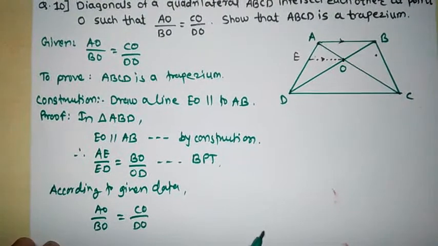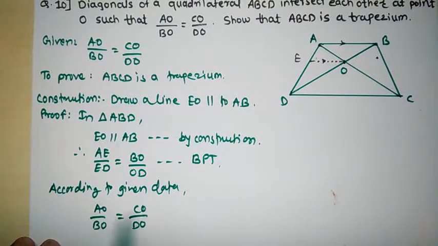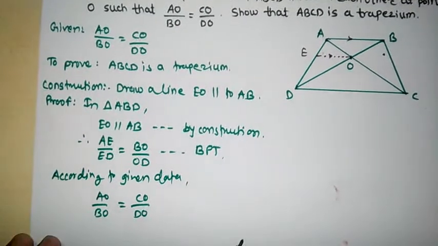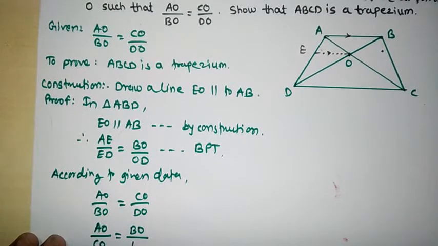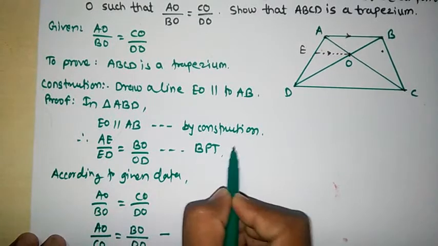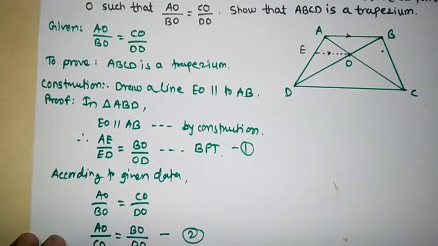Now, can we send this BO towards the right hand side and CO towards the left hand side? If we send BO towards the right hand side, it goes to the numerator, and CO towards the left hand side goes to the denominator. AO divided by CO is equal to BO divided by DO. First mark this as equation number 1 and this as equation number 2.